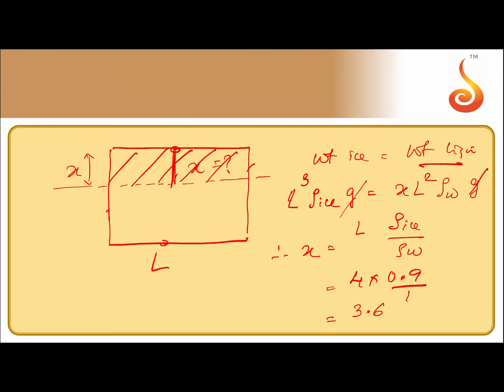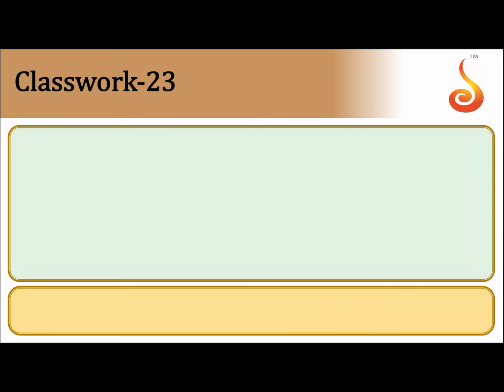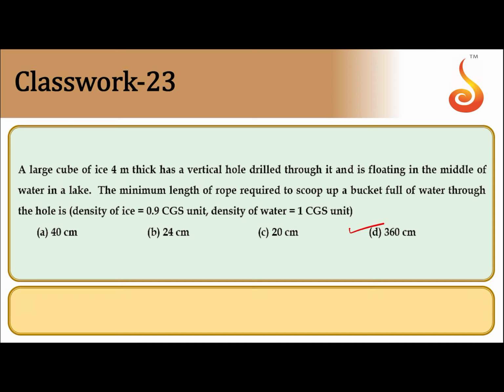So x is equal to L, density of ice divided by density of water. Density of ice is 0.9. Density of water is 1. So this is 3.6 meters, or 360 centimeters. This should be D.